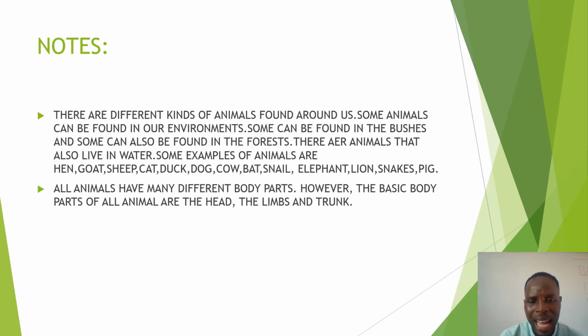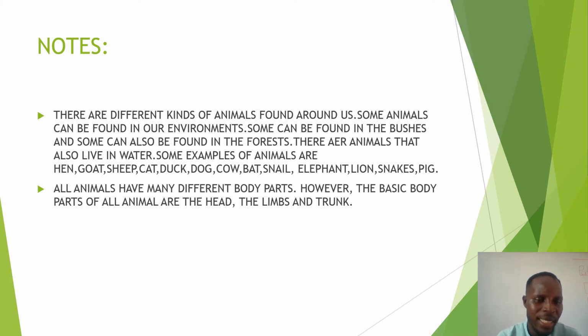There are animals that also live in water. Some examples of animals are hen, sheep, cat, duck, dog, cow, bat, snail, elephant, lion, snake, pigs. There are so many. You can mention so many types of animals that you have.